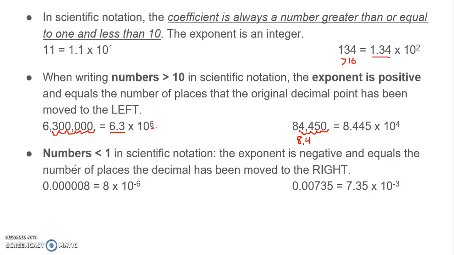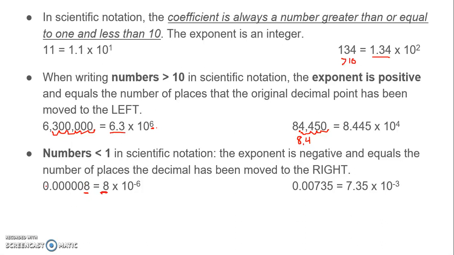Now what happens if the number is smaller than 1? Okay, so the exponent has to be negative and equals the number of places moved to the right. So for example here, this is 0.000008, so this is smaller than 1. You want your coefficient to be greater than 1 and smaller than 10, so it's 8.